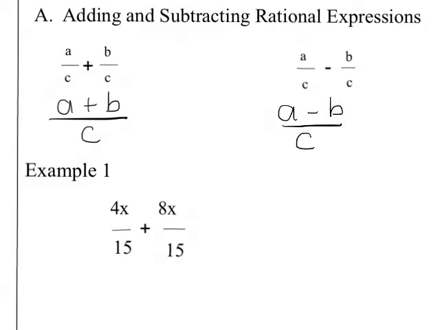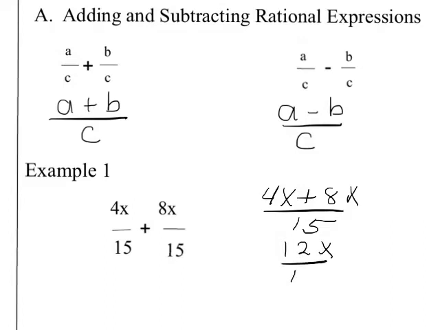Alright, let's take a look at our first example here today. In looking at this one, I have 4x over 15 plus 8x over 15. Now, first of all, look and see: do I have a common denominator? A 15 and a 15? Yes, we do. So we're going to add the numerators. That's going to give me 4x plus 8x over top of 15, or we have 4 plus 8, which gives us 12x over 15.